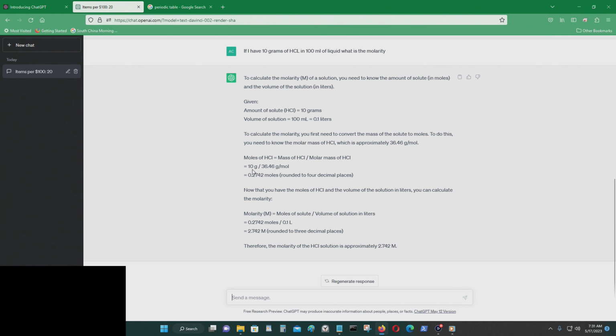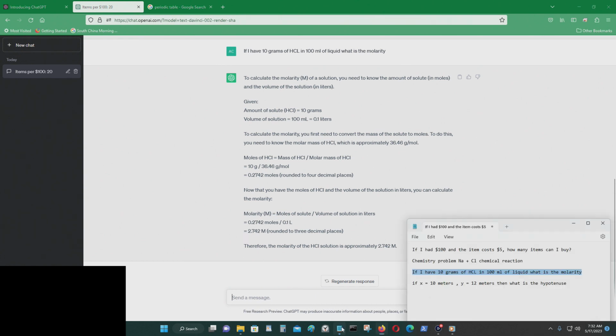Mass of HCl, we said 10. That's correct. Divide the two. We get 0.2742 moles. Since molarity is moles per liter, we have to convert milliliters to liters. It did that. So we got that answer. Wow.